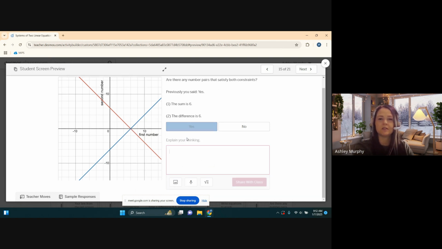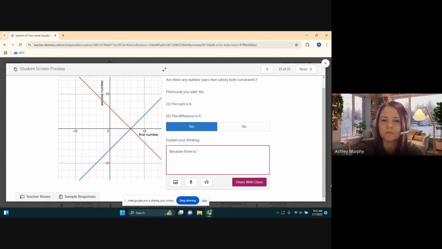So it does exist. So because the two lines are intersecting, that means there is going to be a solution to this problem.